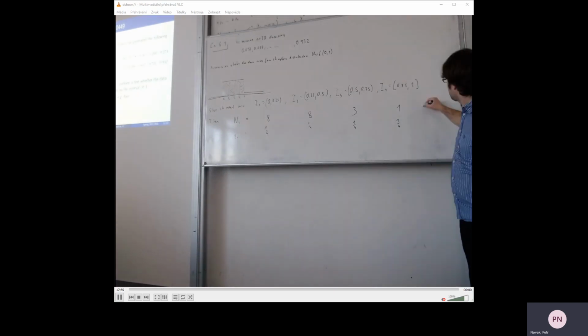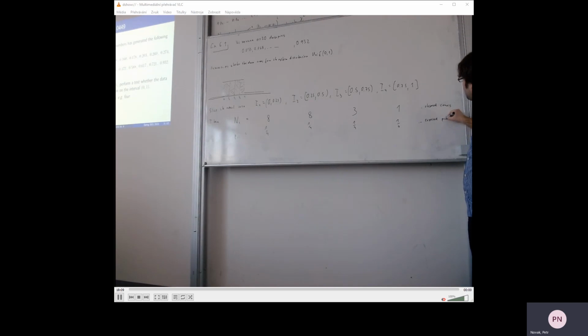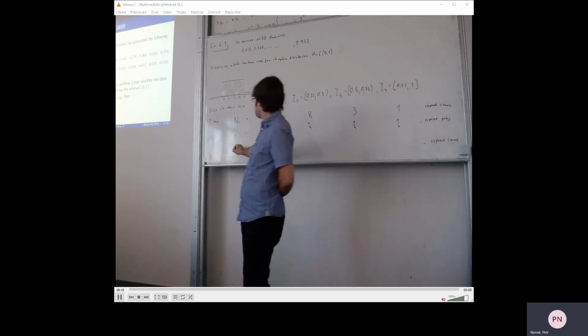Okay, so those are observed counts. Expected probabilities and the expected counts are just n times pi.